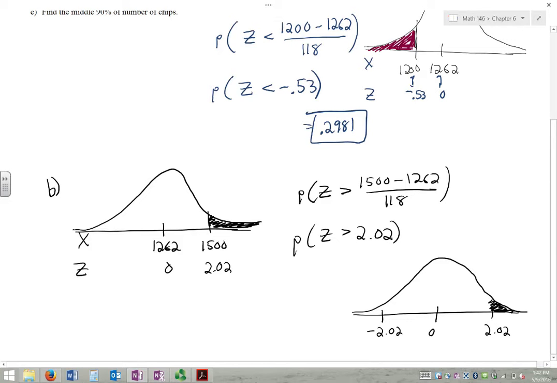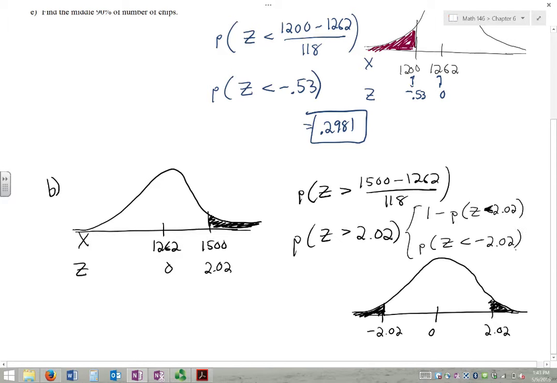However, because the standard normal distribution is symmetric around 0, this area and this area are going to be exactly the same. So we could look at this in one of two ways. We can say 1 minus the probability of z less than 2.02, since everything has to add to 1, or we can simply find the probability that z is less than negative 2.02.